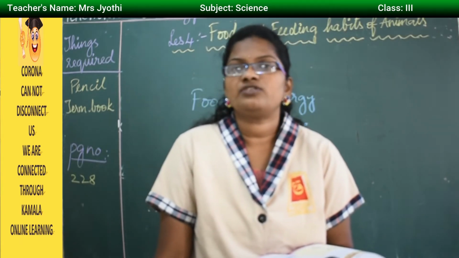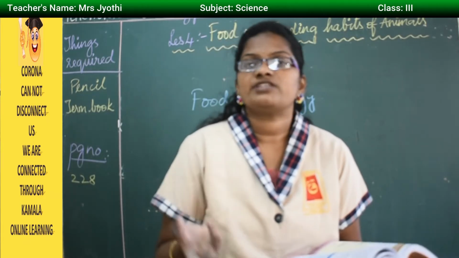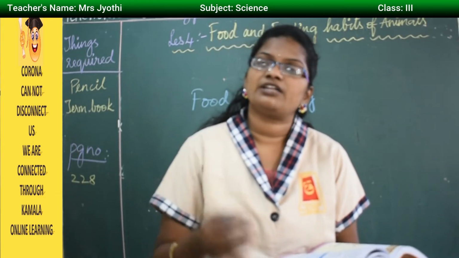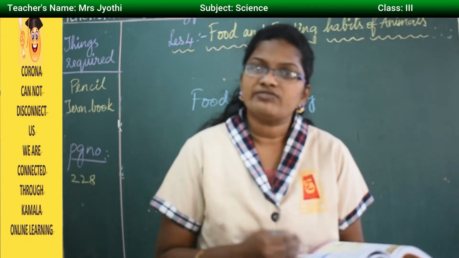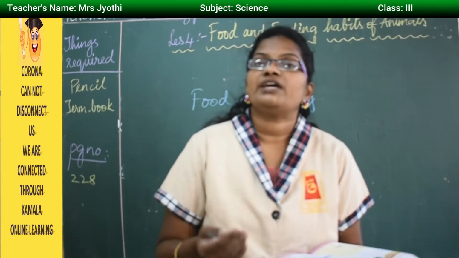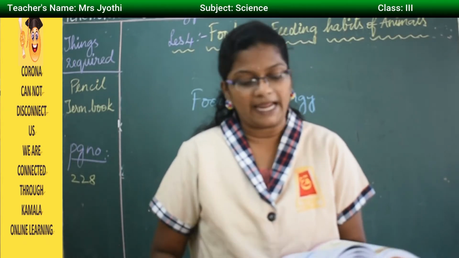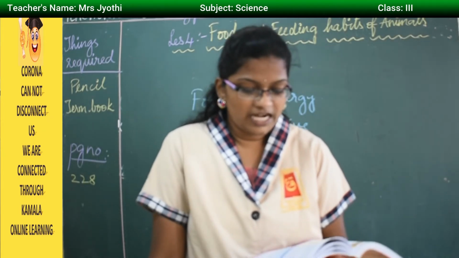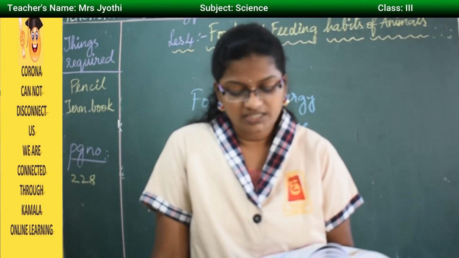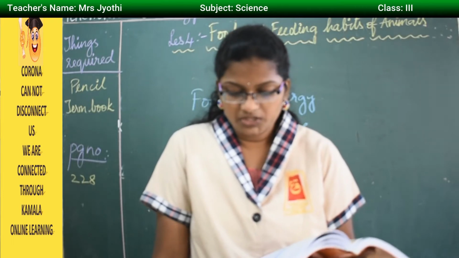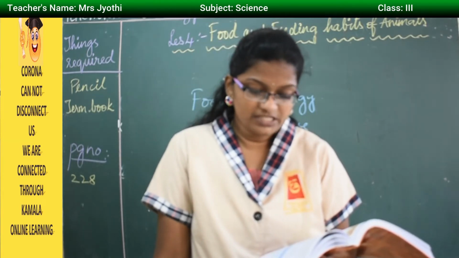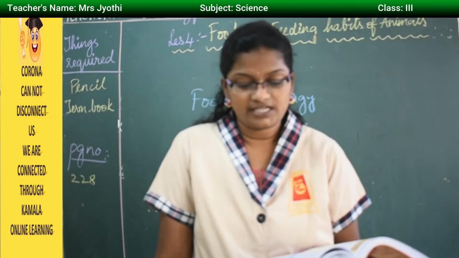So why do animals need food? As I already told you, it gives energy to animals, plants, and us, and it makes us stay alive and active. Food is the ultimate source of energy that helps us not only to survive but also enables us to grow and stay healthy.